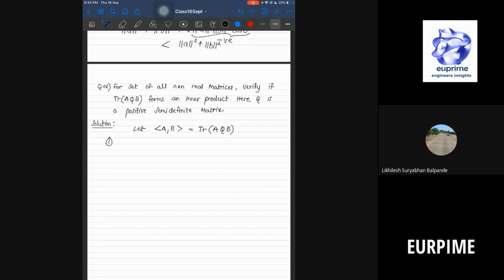The first property which we should verify is linearity.